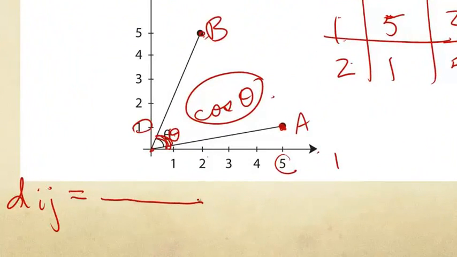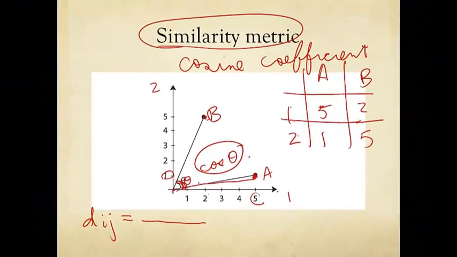If you remember from basic analytic geometry, it's really this point viewed as a vector from the origin to that point, call that vector Ri, transpose Rj, that is this point viewed as a vector from the origin to that point, divided by the normalizations, that is the size of i, L2 norm, and the size of j, also L2 norm.